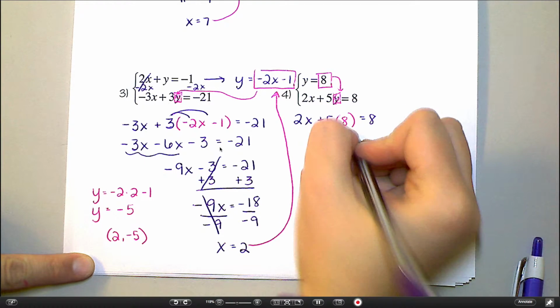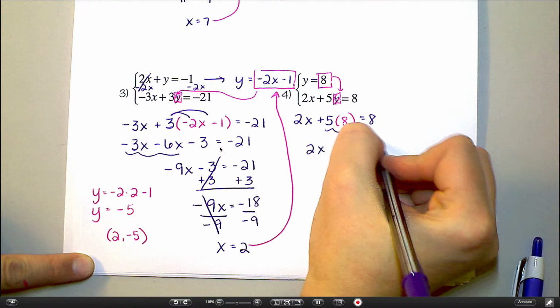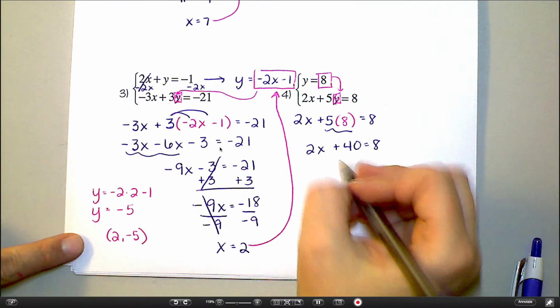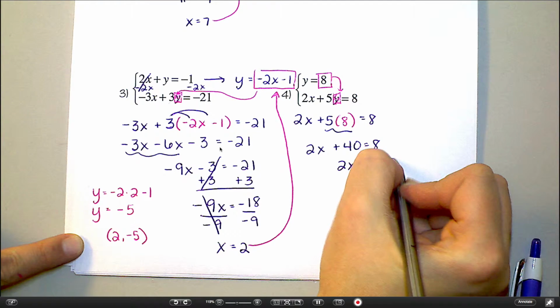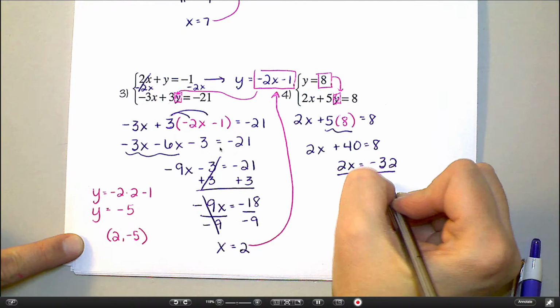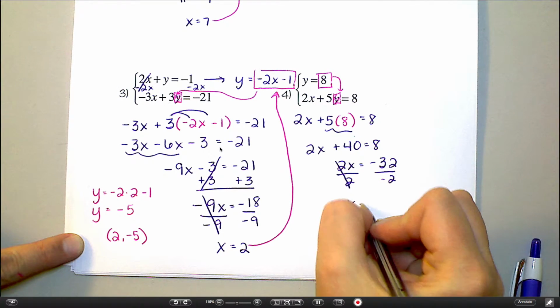That's really 40. So 2x plus 40 equals 8. Subtract 40 from each side, I get 2x equals negative 32. And then divide by 2. Oh, I felt the need to write that out, but x equals negative 16.